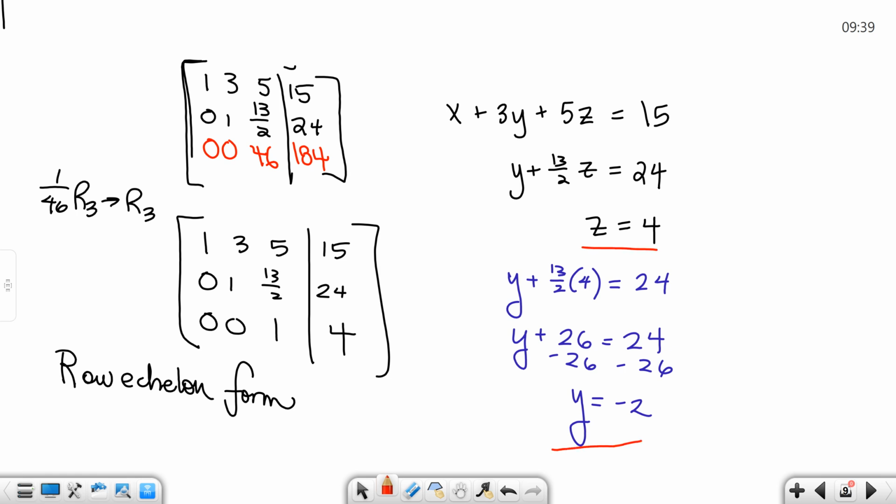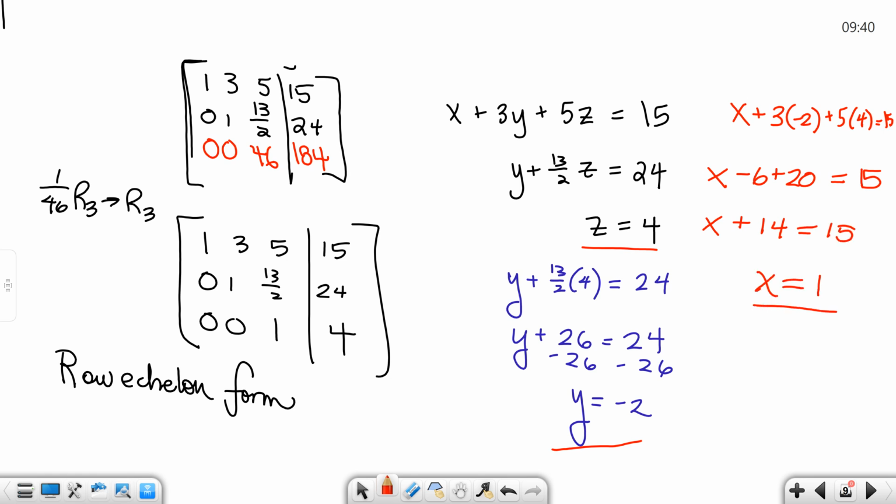Now we have to go back and get x. So x plus 3 times y plus 5 times z equals 15. x plus 3 times negative 2 plus 5 times 4 equals 15. So this is x minus 6 plus 20 equals 15. So this is x plus 14 equals 15. So I subtract 14 from both sides, and x would equal 1.